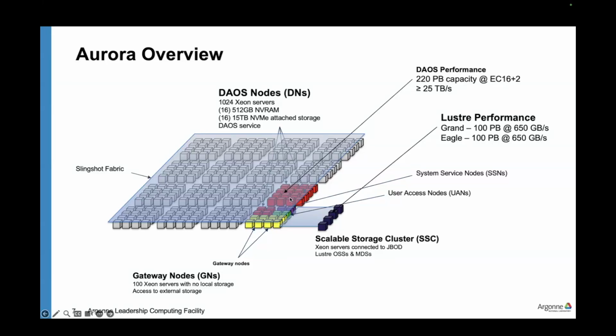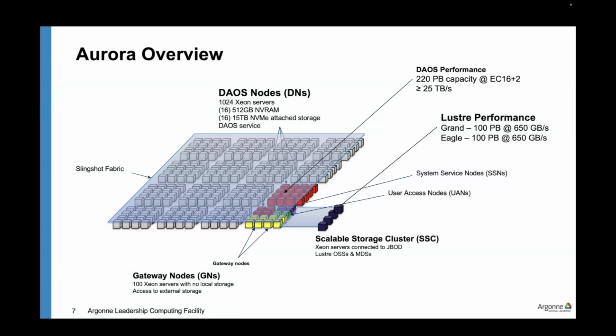One of the notable things of DAOS versus the Lustre file systems is that DAOS is directly on the Slingshot network. In order to access the Lustre file systems, the traffic has to go from the compute nodes over these yellow gateway nodes onto the outboard Lustre file systems that sit on the ALCF InfiniBand network.